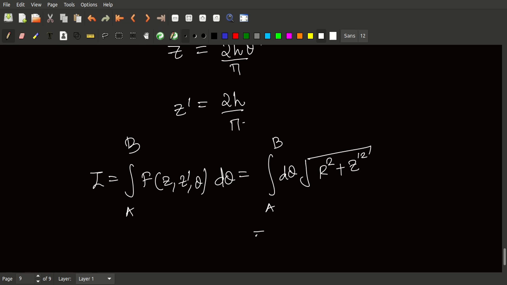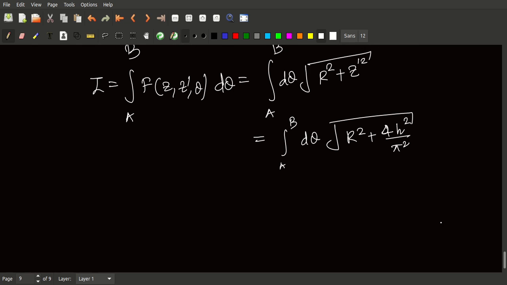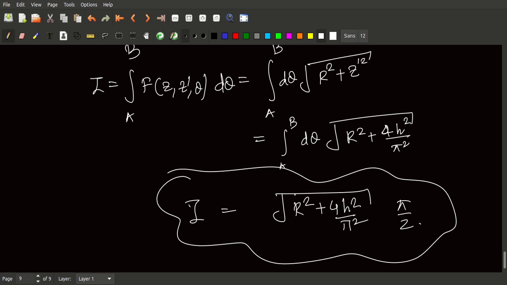Now substitute it there, so this will become the integral from A to B of d theta under root of R squared plus 4h squared upon pi squared. Now integrate it along theta, so this integration will be from 0 to pi by 2. So if you integrate this one, this will become under root of R squared plus 4h squared upon pi squared into pi by 2. So this is your total path. So you got the final answer.